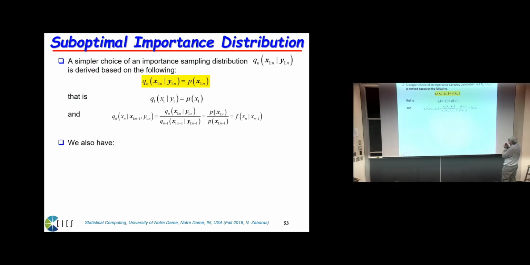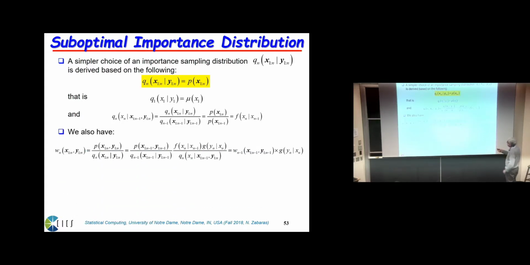And if this is what you have, then the incremental weights, remember they were f times g, so if this is f and f cancels, the incremental weight is actually the observation model. Extremely trivial to program, right? You sample the next state from the dynamical model, update the weights with the measurement model, two lines, done.